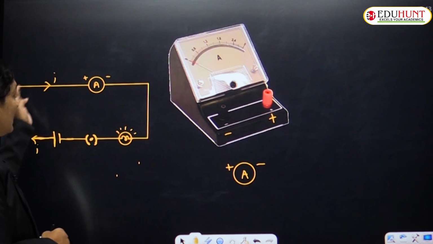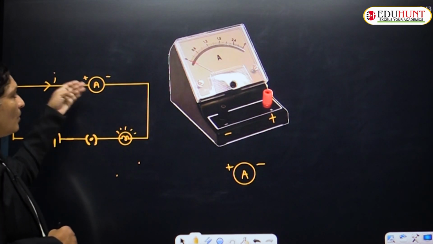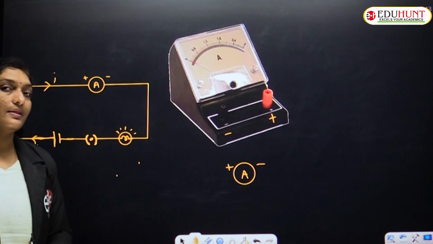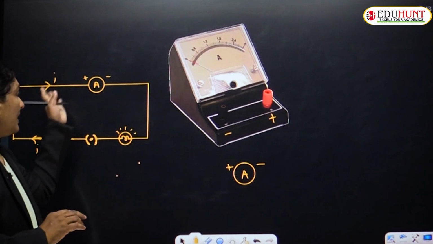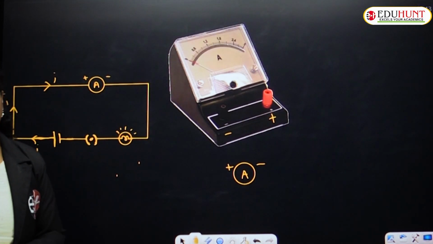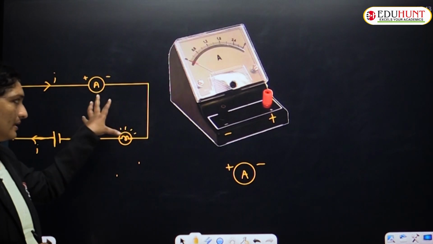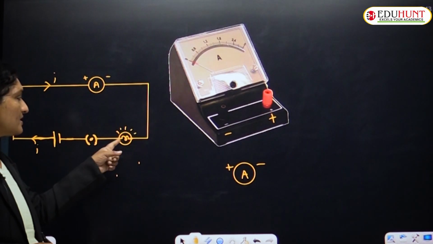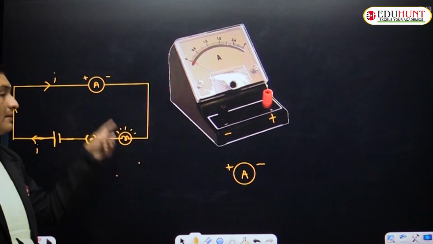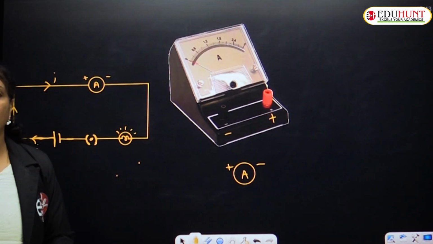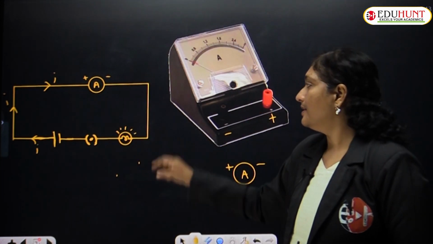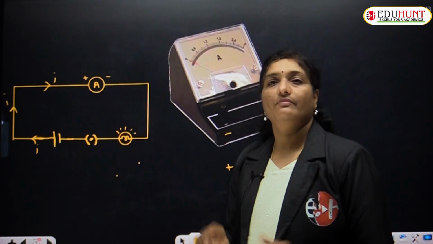If the same amount of current is passing both through the ammeter and through the bulb, then we say that the elements are connected in series. How much current is supplied to the bulb can be given by the reading observed in the ammeter. So always remember children, ammeter is always connected in series to the circuit elements whenever we connect it in a circuit.